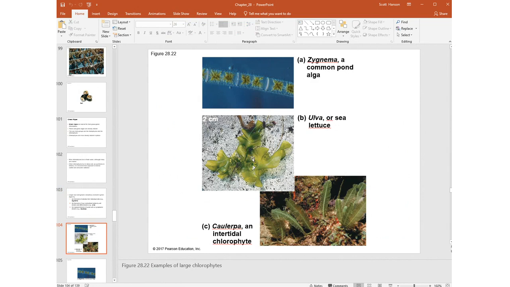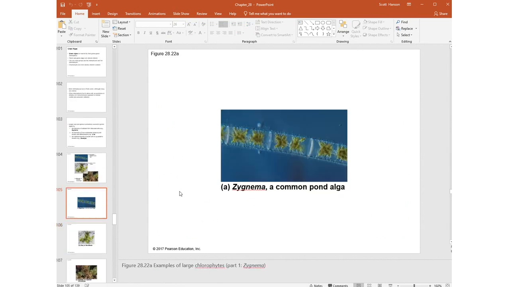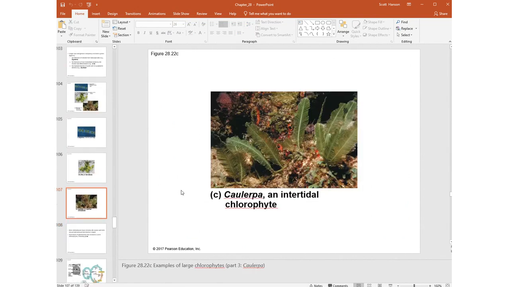And then the Caulerpa, basically the nuclei divide, but the cytoplasm doesn't necessarily divide very much. So a good variety of these things. Here's an up-close view of the zygnema, the ulva, and the caulerpa then.